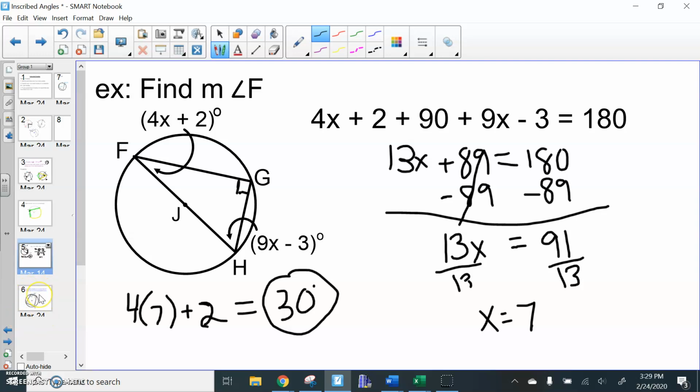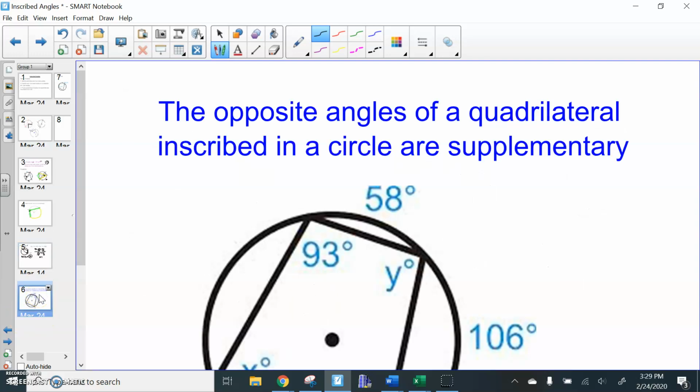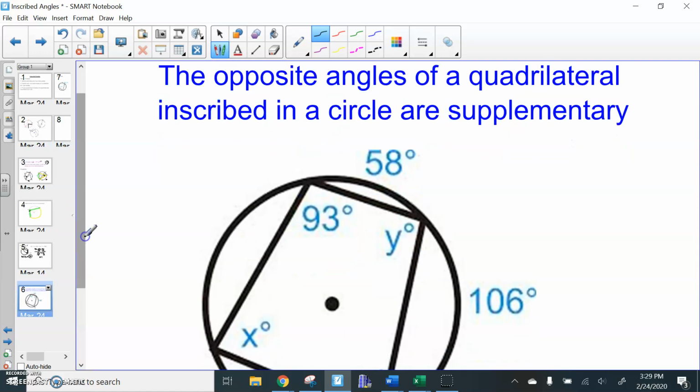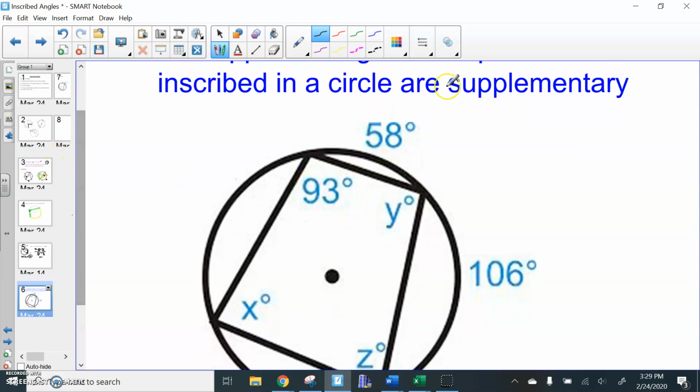All right, one more thing that I want to talk about. Opposite angles of a quadrilateral inscribed in a circle are supplementary. So remember, supplementary means add to 180.